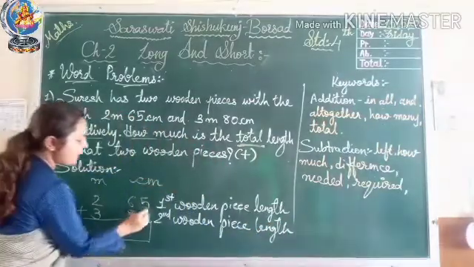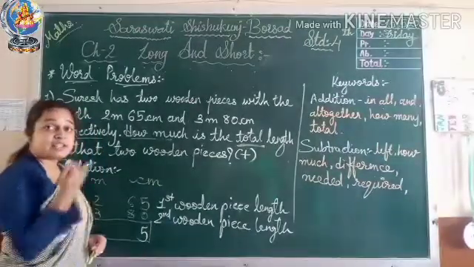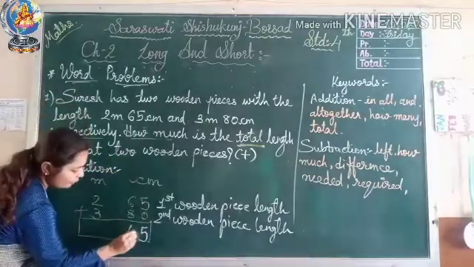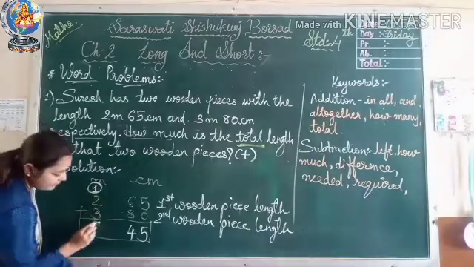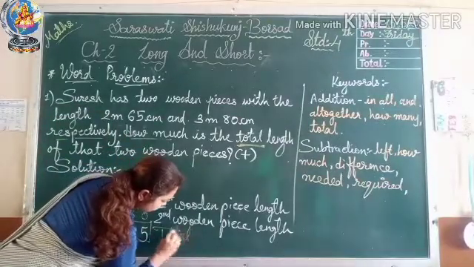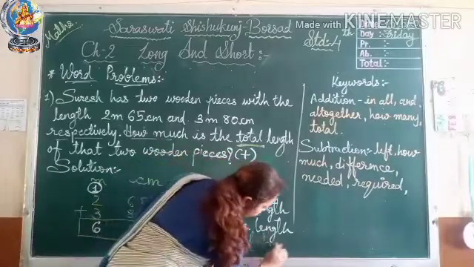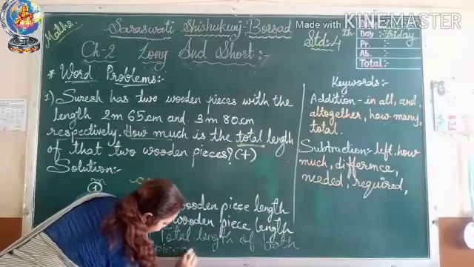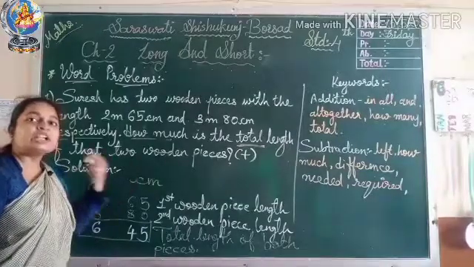So 5 plus 0 will be 5. 6 plus 8, let's count it, 9, 10, 11, 12, 13 and 14. So 4 will be here, 1 will carry towards meter. 2 plus 1, 3 plus 3, 6. So this is your total length of both pieces. Okay, this is your one word problem of addition.